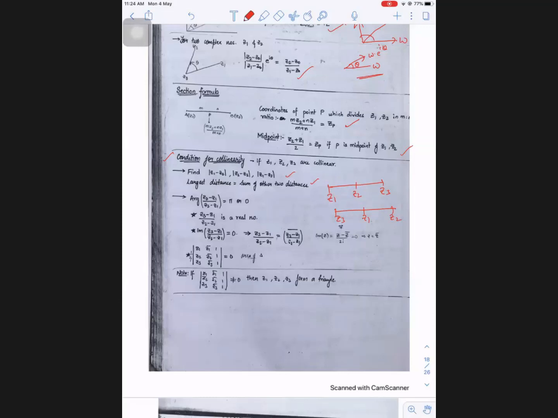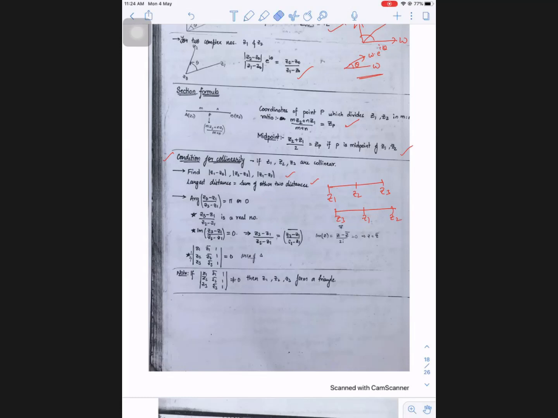So argument of (Z3 minus Z1) by (Z2 minus Z1) depends on direction, either pi or 0 or minus pi. We take principal argument, where minus pi is not included, only pi is included.